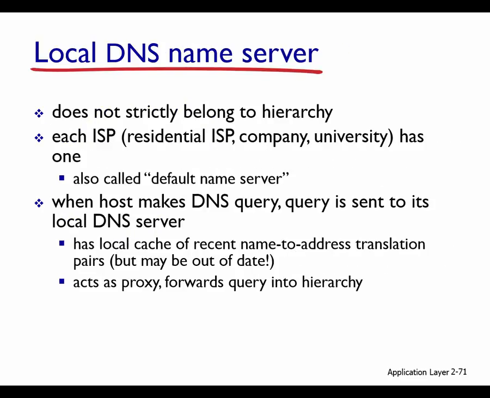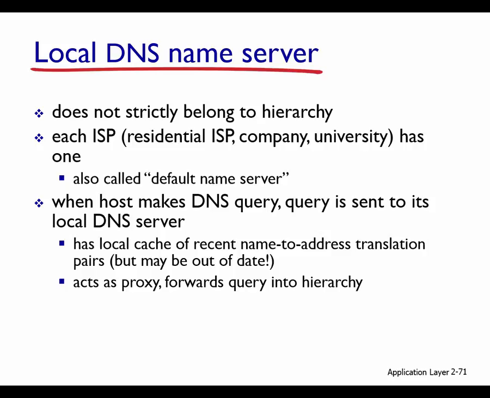Then you have your local domain name server. So this does not strictly belong to the hierarchy. This is kind of below that level, and you'll see an example of that. Each ISP has its own, also known as a default name server.